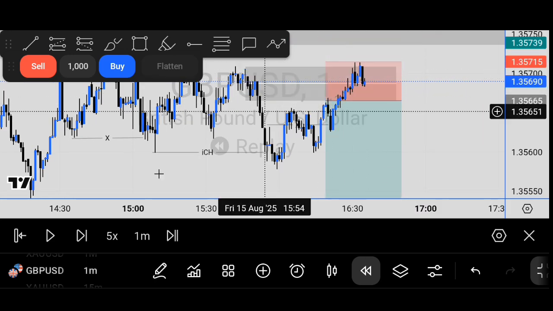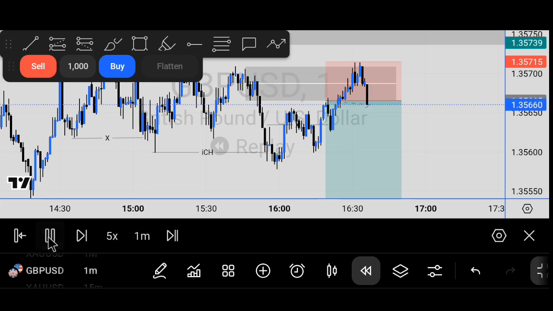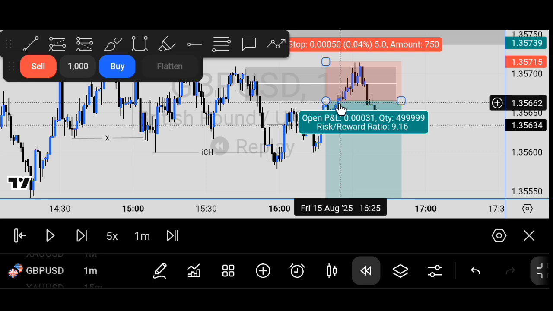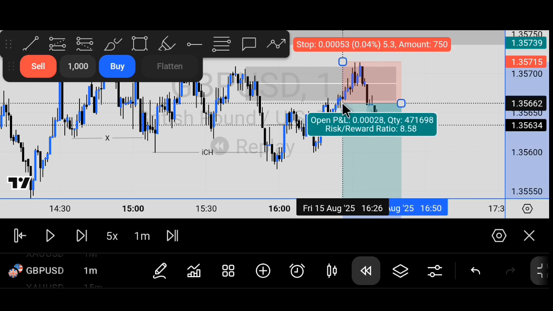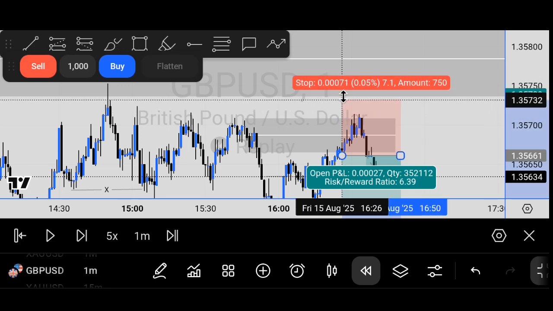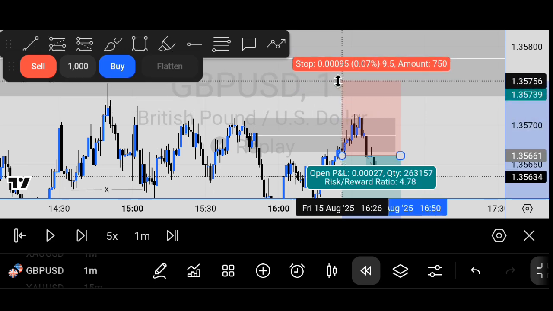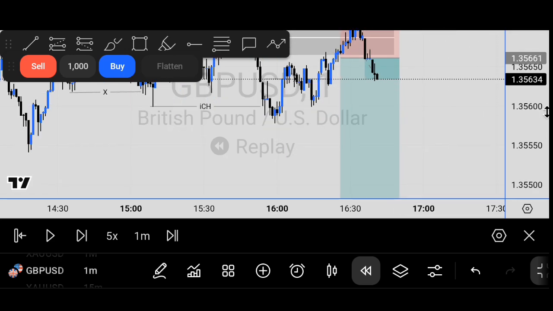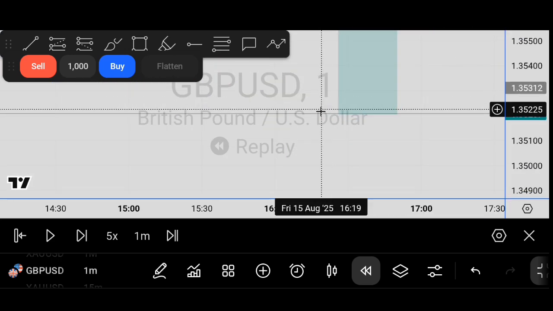Then I repositioned myself again. When I saw that the market closed below here, I entered again, and this time I made my stop loss 10 pips. You can see, and I was targeting, and the down one I also reduced it.